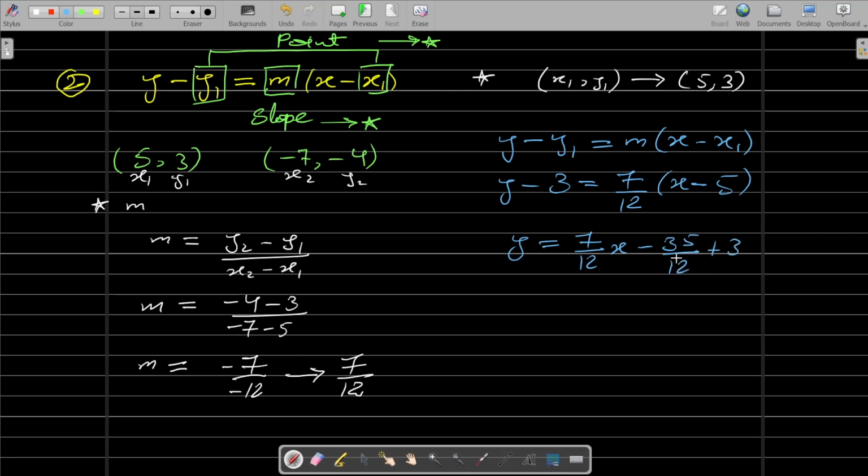Now just simplify this part. So when I simplify this part, it will be 7 over 12 x plus 1 over 12. So this is how you basically have to solve this question by using this approach right here.